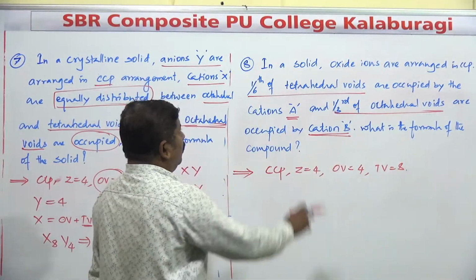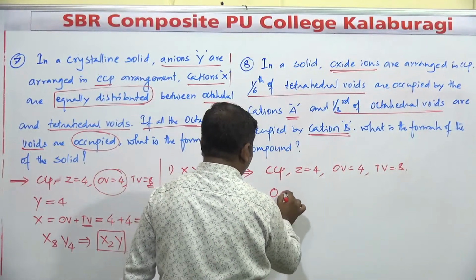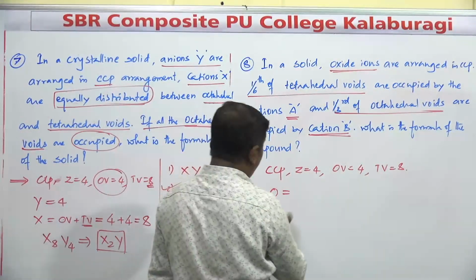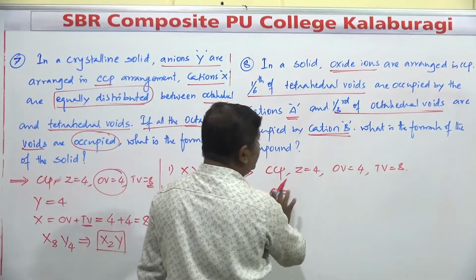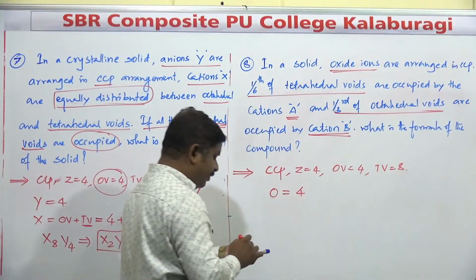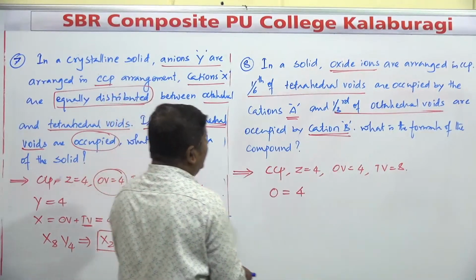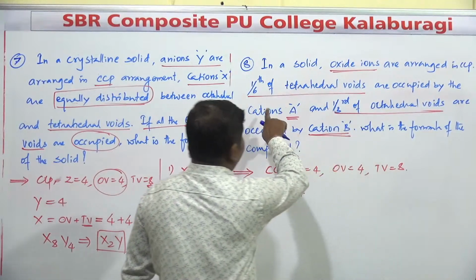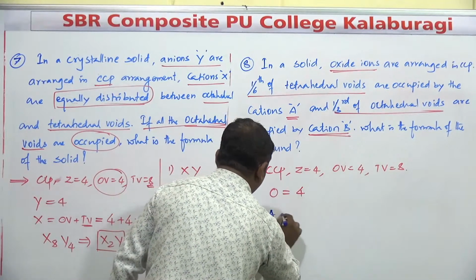Okay. What is the position of the oxide ions? Oxide ions are present in CCP arrangement, so O minus ion is going to be equal to how much? That is going to be 4. Then, 1/6 of the tetrahedral voids are occupied by the cation A. What is the value of A?